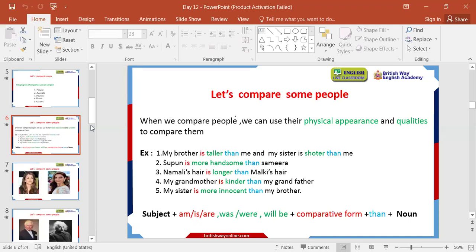Aishwarya Rai's eyes are more beautiful than Deepika Padukone's. Deepika Padukone acts in more films than Aishwarya Rai. You have to use the physical appearance and qualities because we are going to compare the adjectives now.